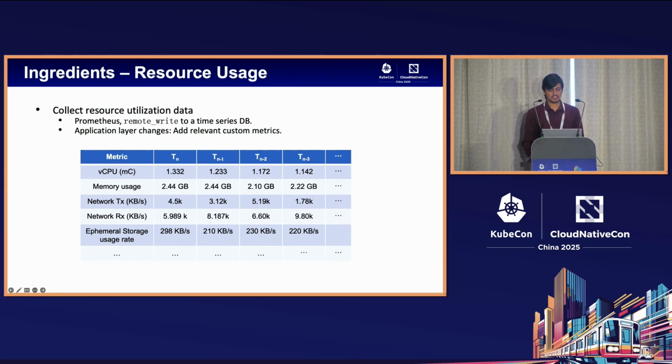The only application changes needed from the teams are any custom metrics that need to be made in the code. And you get time series data like this. All you have to do is add the metrics that you want to get. And of course, we can add as many different types of metrics as make sense, and it is just a matter of adding one extra collector for any new metric type later. So that is the first ingredient, that is resource usage.